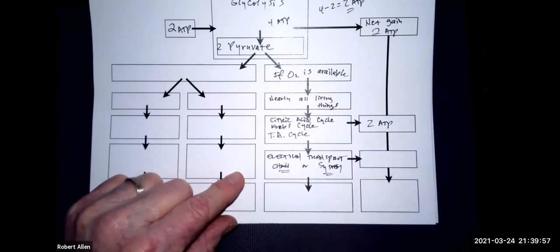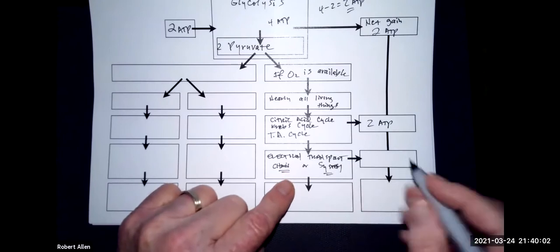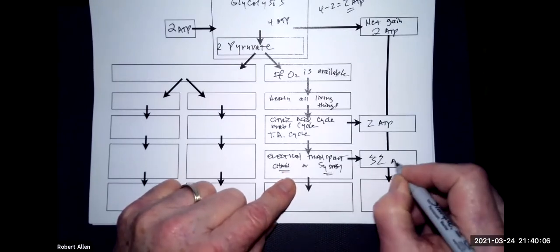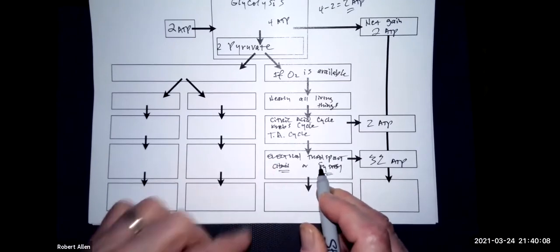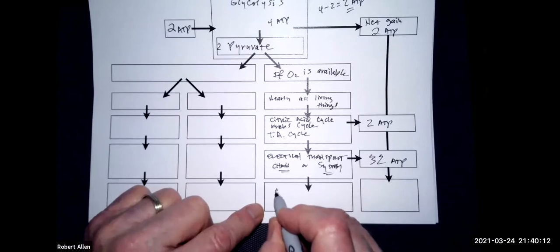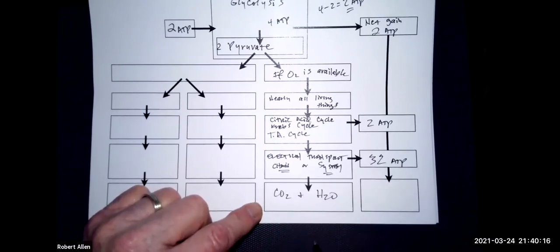Do I care which one you use? Not at all. And this one makes a lot of ATP. It makes 32 ATP. Wow, that's pretty efficient, huh? Okay, and then there's some byproducts. The byproducts are carbon dioxide plus some water.